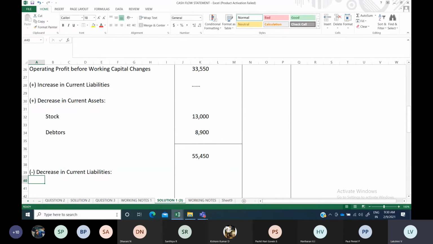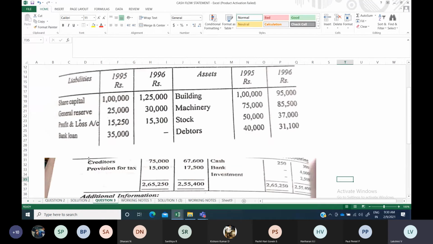So you have to go back to the question again. So all these items are non-current liability. Only creditors is current liability. Provision for tax will not come under current liability now. So 75,000 minus 67,600. How much do you find? This is decrease in current liability. Okay. 75,000 minus 67,600.